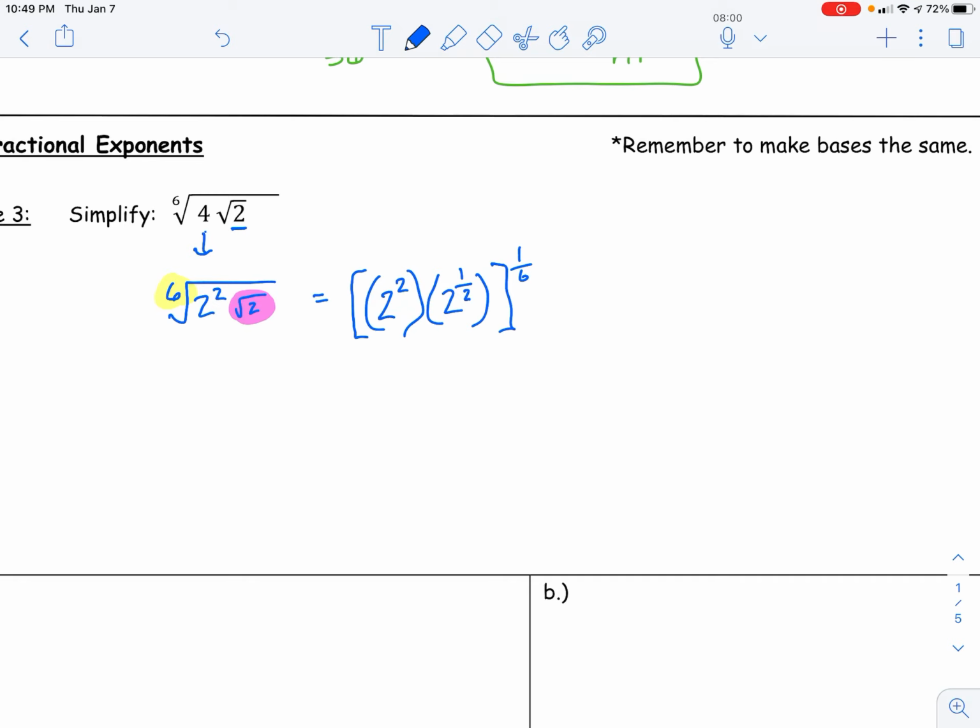So that becomes 1/6 out here, the whole thing. Now we have something we can work with. So I need to now take 1/6 and multiply it with this exponent, which is going to give me 2 to the 2/6 power multiplied with 2 to the 1/12 power.